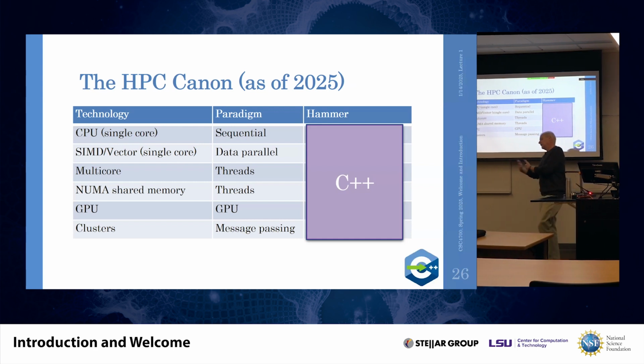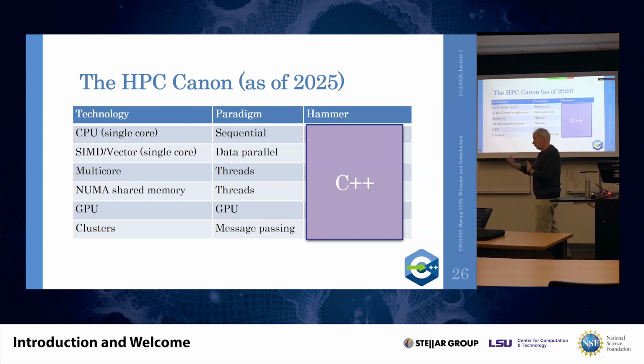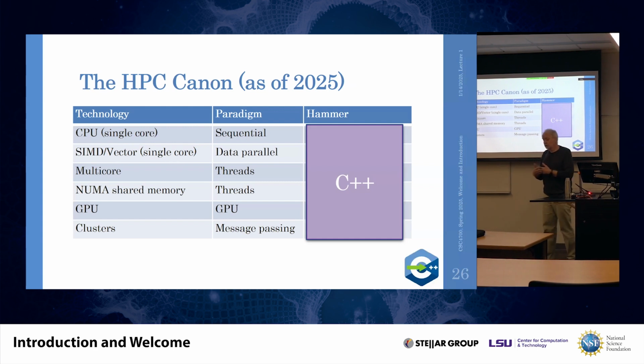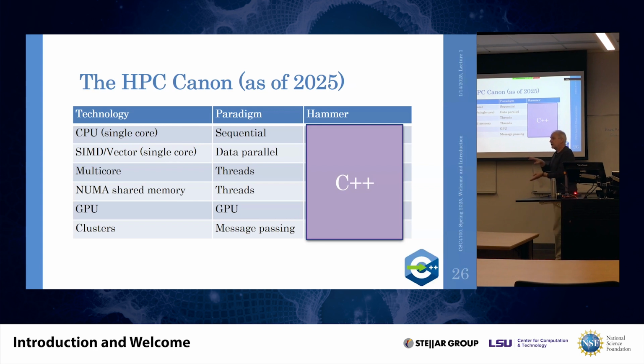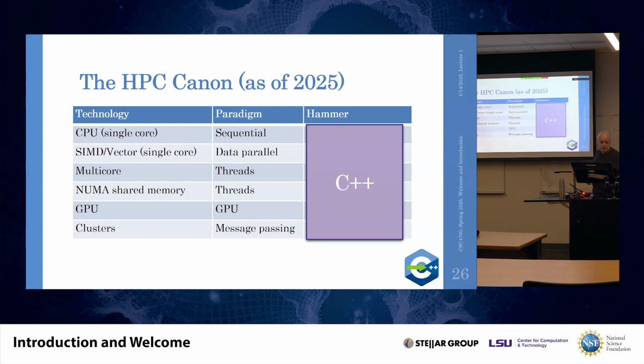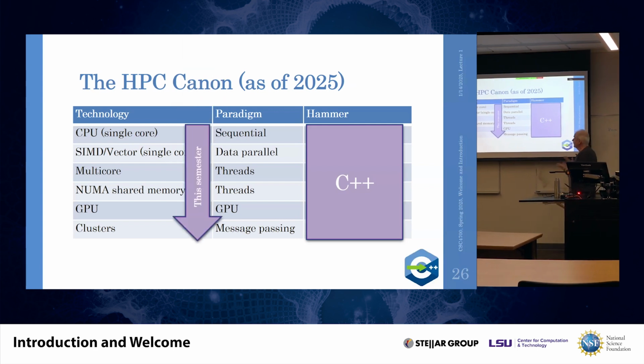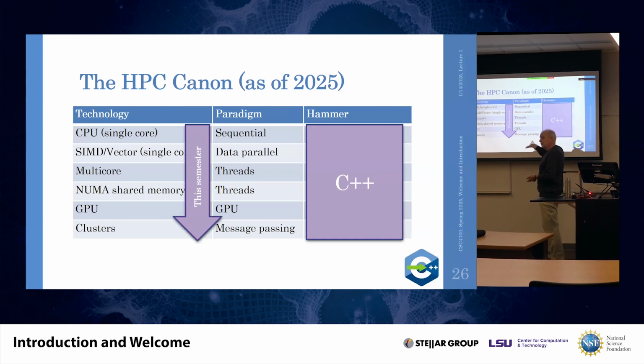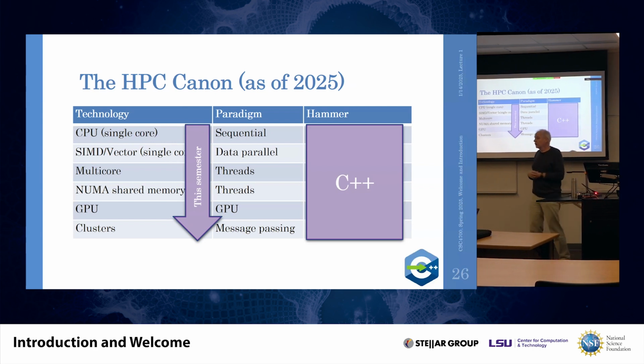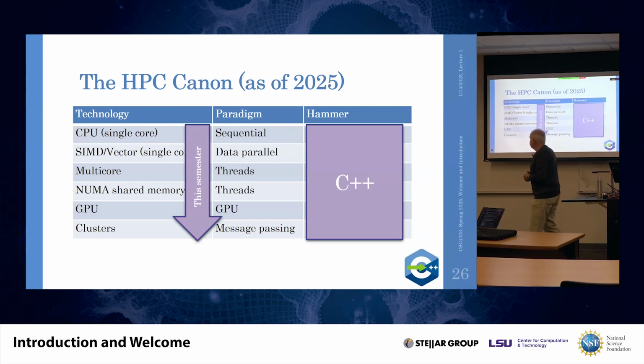You still have to understand what you're working with, whether you work with a GPU or with a vector unit or with a shared memory, but still the environment is very, very similar, which simplifies things a lot. So what we will do in this semester is to go through these things, and we'll look at each of them separately, and I will give you some examples how you can use C++ for that.